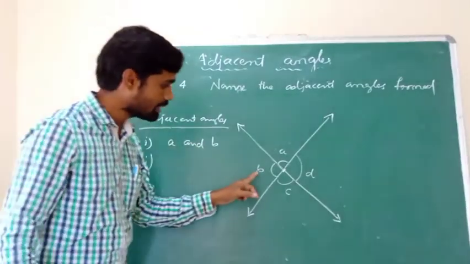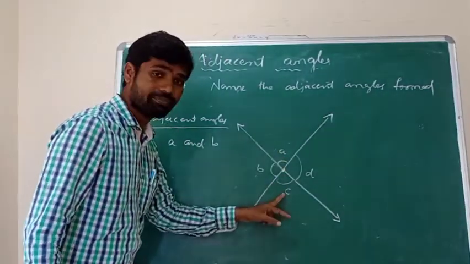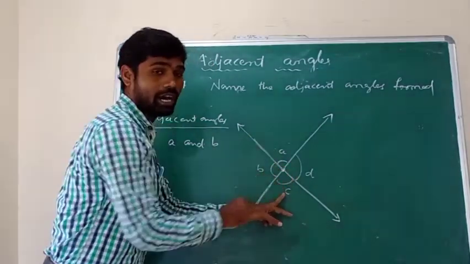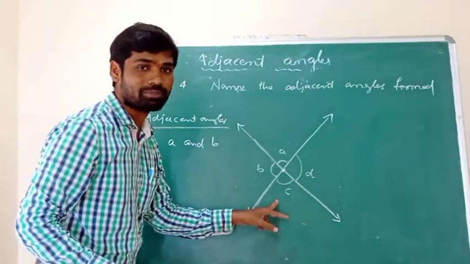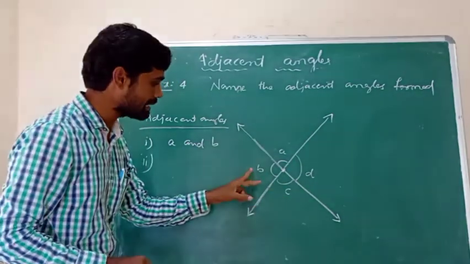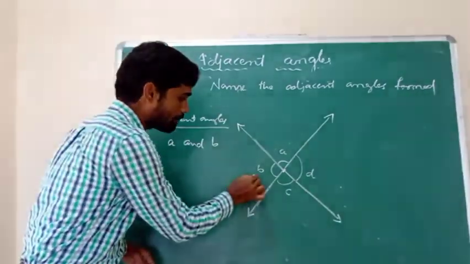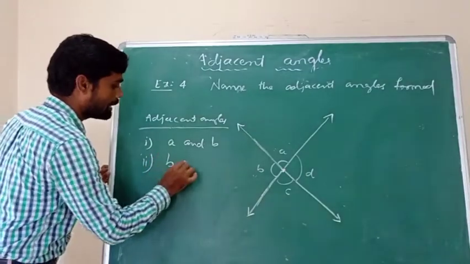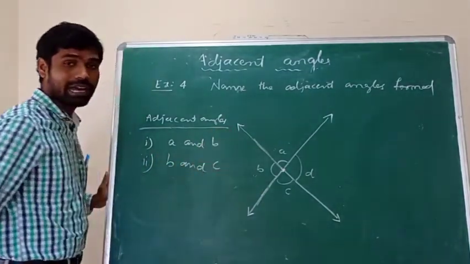Next, can we say A and C? No, because they have a different arm, so they don't have a common arm. That's why A and C do not form adjacent angles. Let us see B and C. Both have a common vertex and a common arm, so B and C are adjacent angles.